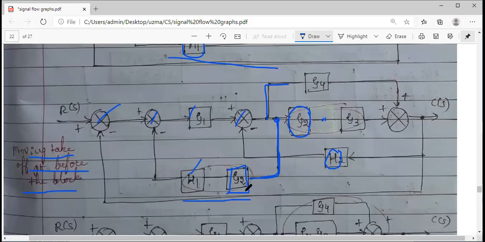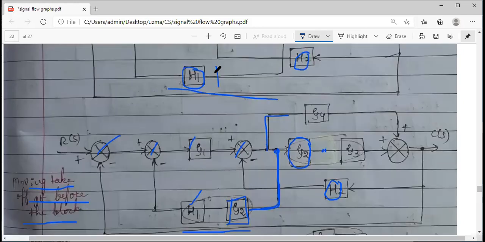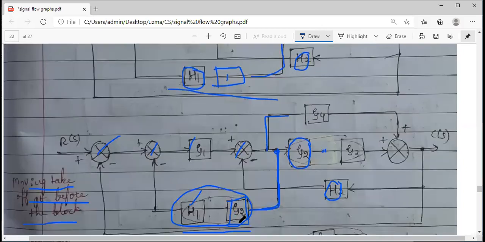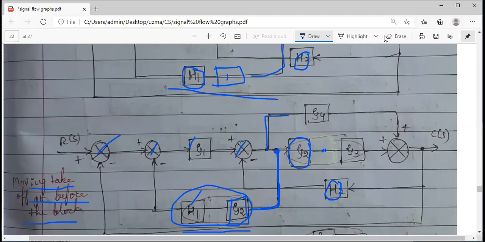What is the difference? In this H1 line, I have taken one more block. That is the difference. Why I have taken this? Because I am moving the takeoff point before the block. So the rule says whatever block you encounter during the path when you shift, that should be multiplied for this line. So I have done that, moving the takeoff point before the block.